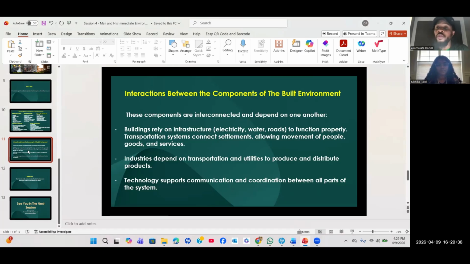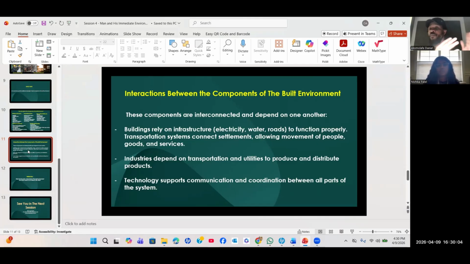Exactly, you said it well. So without any form of interaction between these components, we as humans cannot have a full satisfaction to our imaginations, or to whatever it is we have designed or brought to reality. So there must be some form of interaction between all these components.